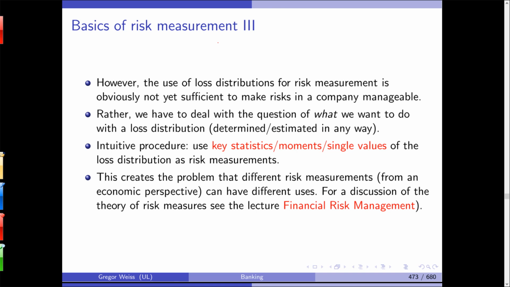Okay. However, just using statistical distributions is not really enough. You need to think about certain moments, key figures, key metrics based on a statistical distribution to measure risk. Because if I tell you I have an open position in, let's say, a corporate bond, I want you as a risk manager to give me one single dollar figure.